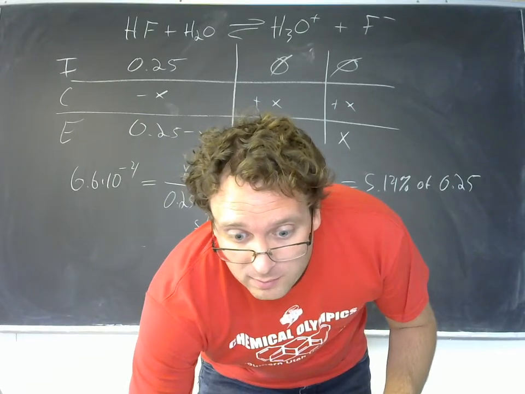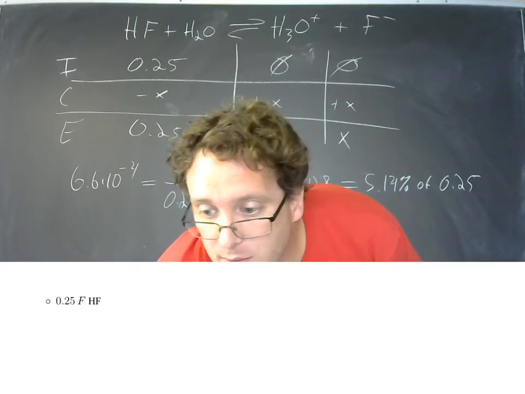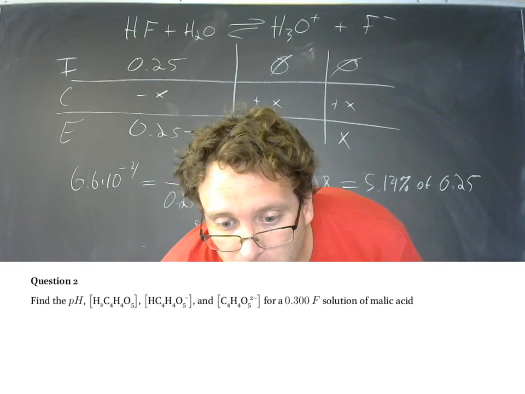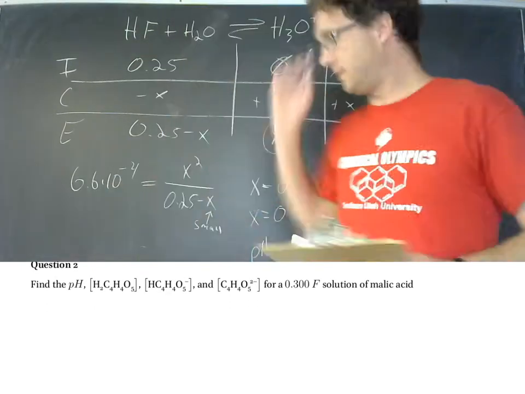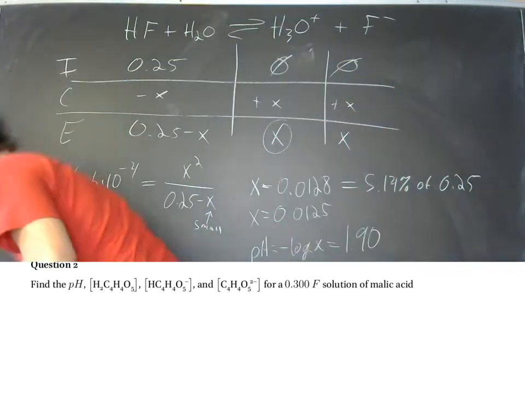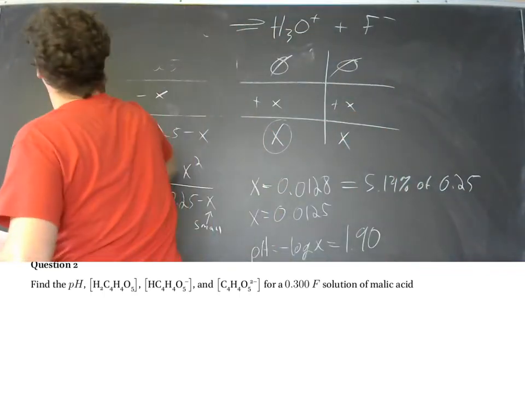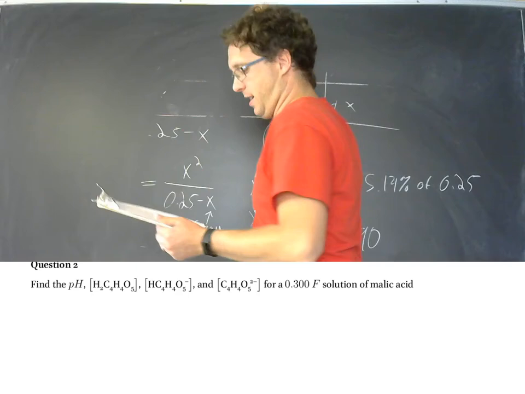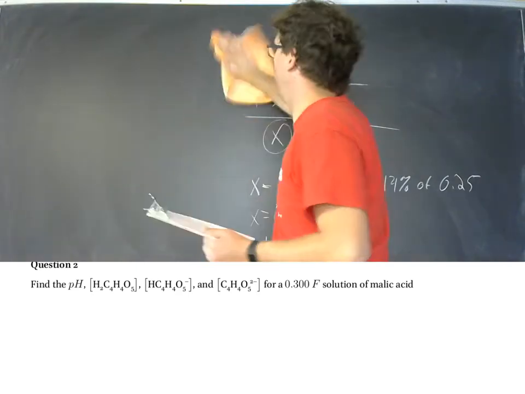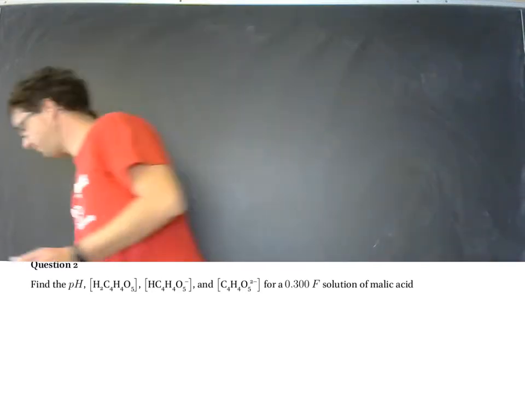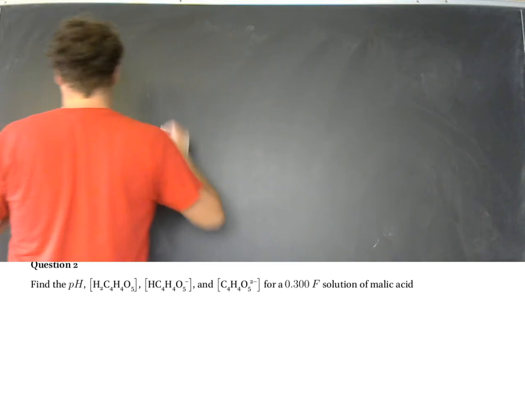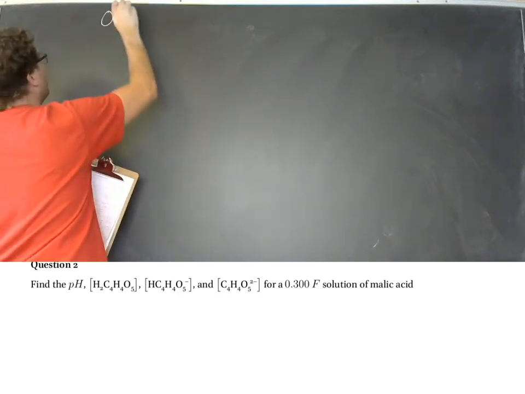Here we are. Here we have malic acid. It is a diprotic acid. And so we're going to have 2 Ka values. And you can find those in your textbook. We have a 0.3 formal solution.